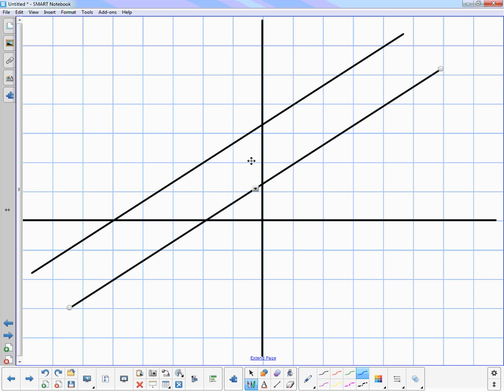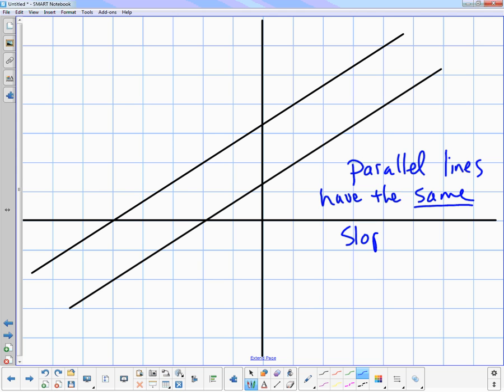Okay? So if I have two lines and they're parallel, their slopes are the same.